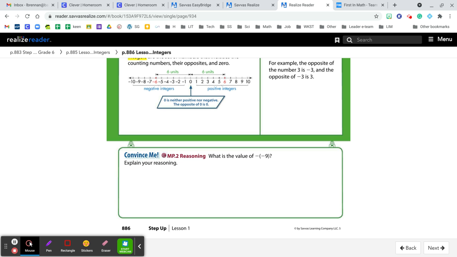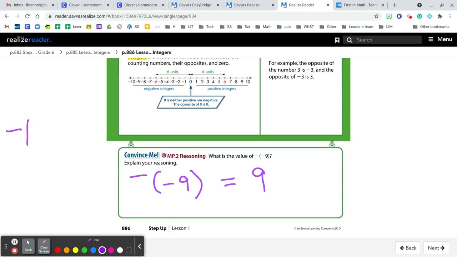What is the value of negative negative 9? That is looking at the opposite of the opposite. So the value of negative negative 9 is 9. Then you can look at this. Remember, when we have the negative sign outside of parentheses, it's inferred to be 1.